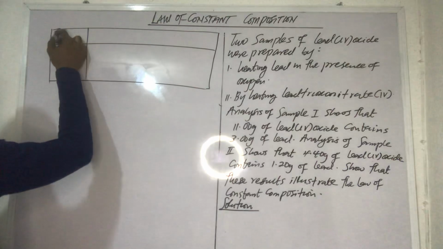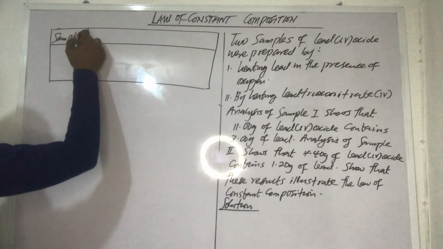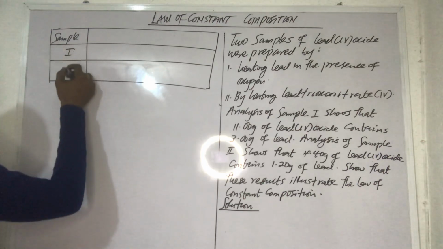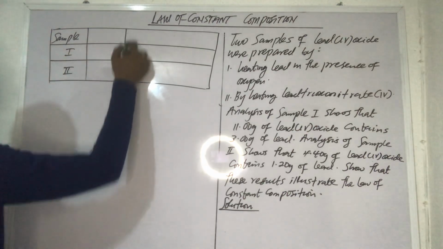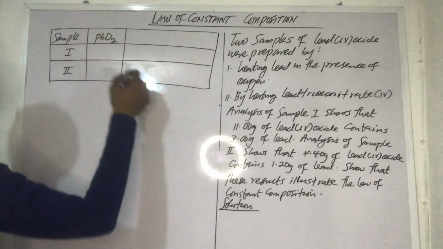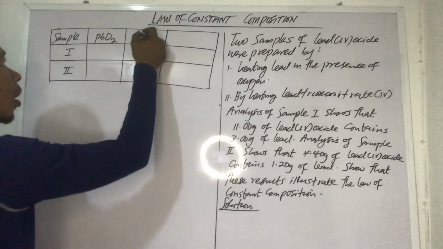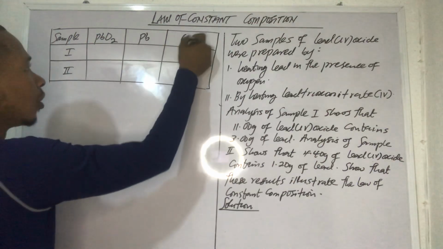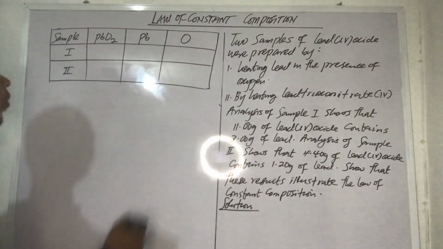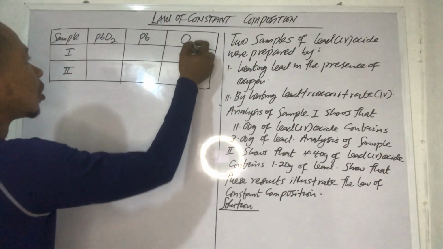So you have your samples here, then you have sample 1 and sample 2. So this is lead(IV) oxide, PbO, then you have the lead and oxygen.